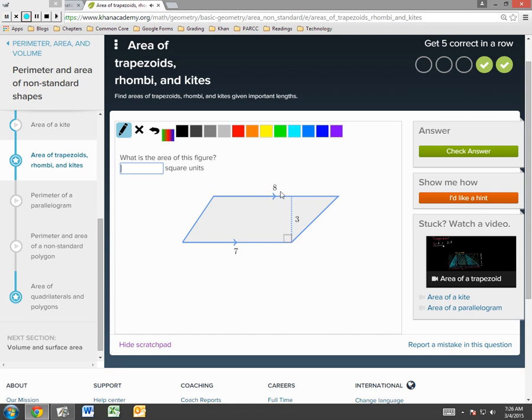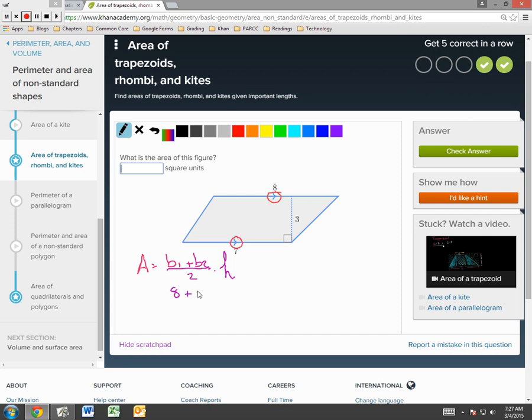I see these parallel markings here. Notice the difference: this would indicate that they're congruent. The little arrows show that they go in both directions forever, making those two sides parallel. If I start with the formula, area equals base 1 plus base 2 divided by 2 times the height. Base 1 is 8. Let's see if I get the right number this time.